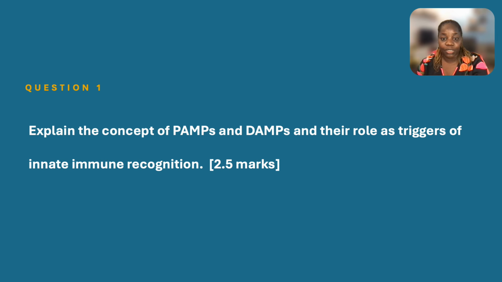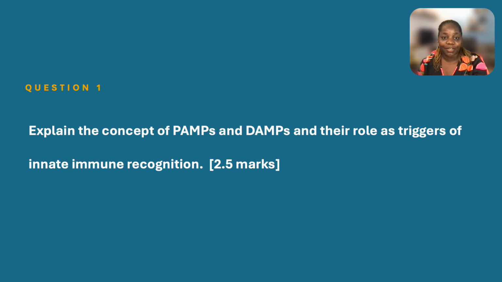Question 1 actually was 2.5 marks, and it's broken into 4 marking criteria, each on 0.5, and 1 mark for the second part of the question. So we have 0.5, 0.5, 0.5, and then 1 mark for the triggers role.